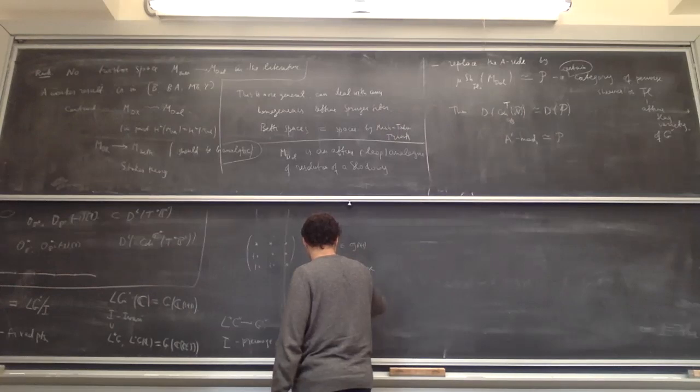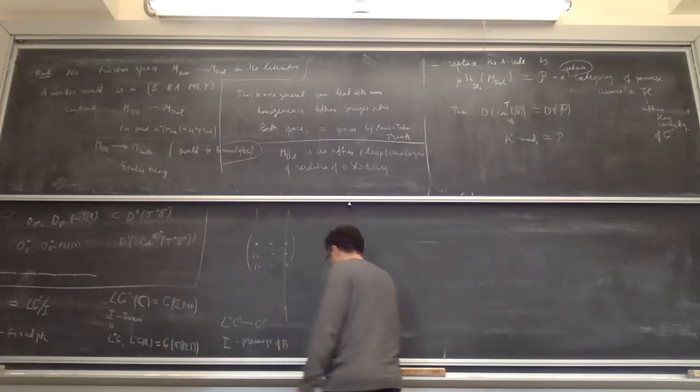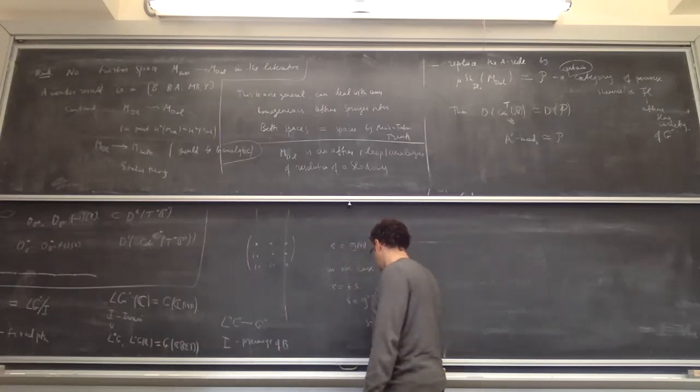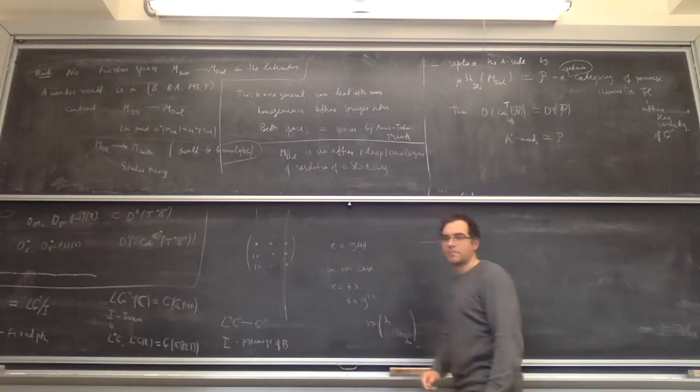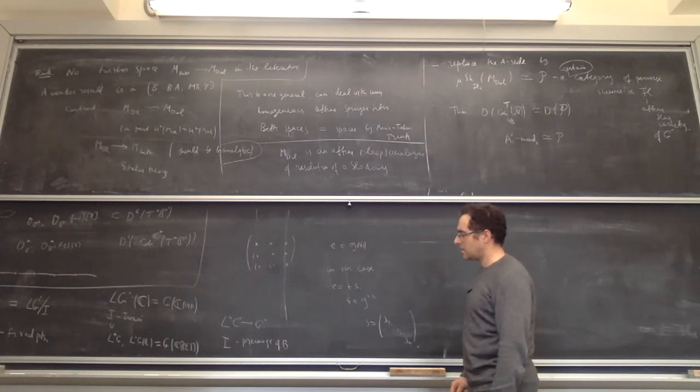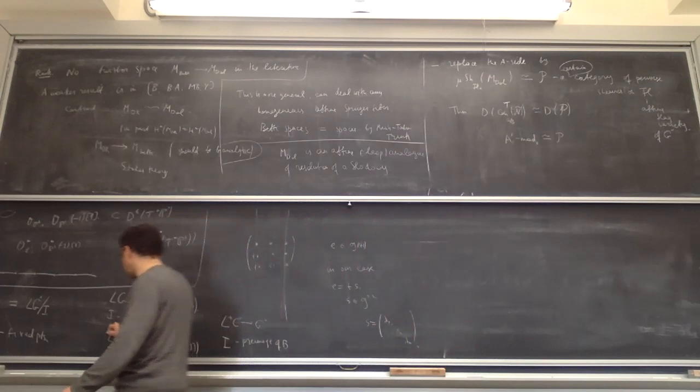It will be t times s, where s is a constant loop, which is also regular semisimple, just a diagonal matrix with distinct eigenvalues. It's contained. Thank you. Yes, that's right.